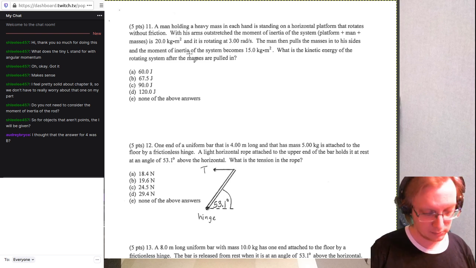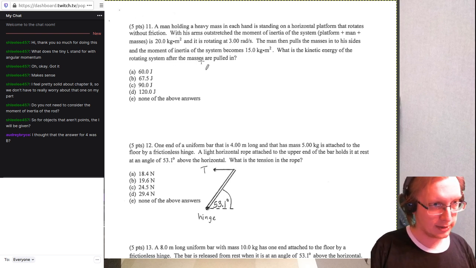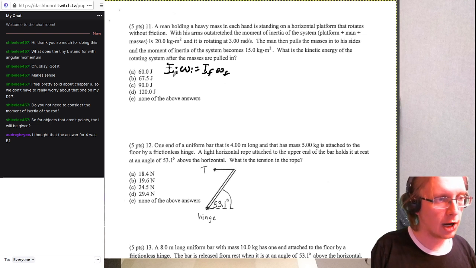Alrighty. All right, two-step problem here. So the first part is we need to do our conservation of angular momentum. We're told this number and that number and this number here, so we find that omega final is equal to I initial, omega initial, divided by I final.